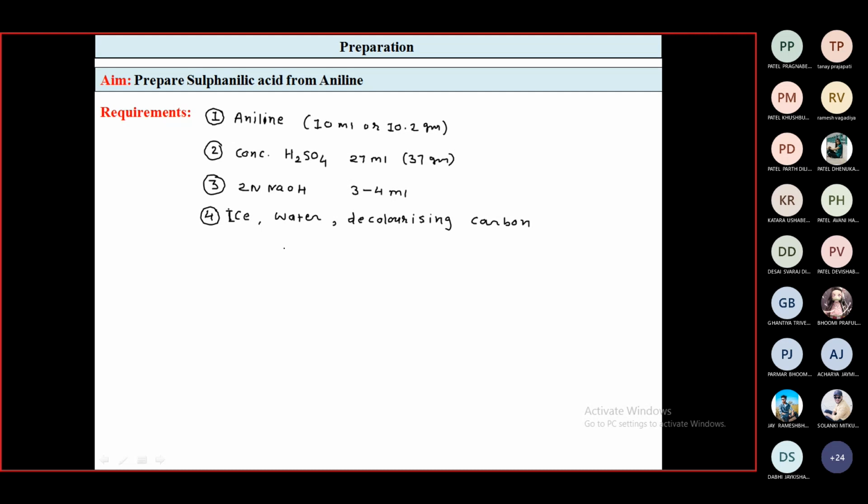Now what happens if you have these chemicals? How do you carry out the experiment?